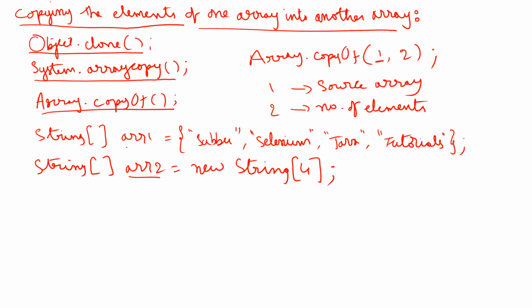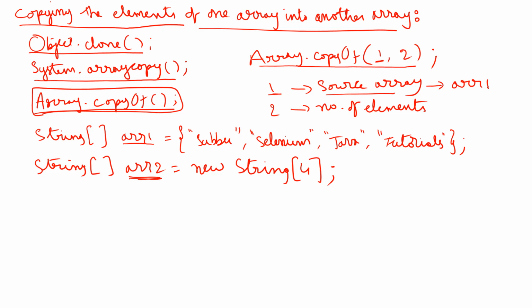Now I want to copy the elements of ARR1 into ARR2 using the Arrays.copyOf method. And since this Arrays.copyOf method takes two arguments, the first argument is the source array. In this case, it becomes ARR1. And second is the number of elements I want to copy. Let's say here I have 4 elements and I want to copy only 3 elements. Then I can say 3 here.